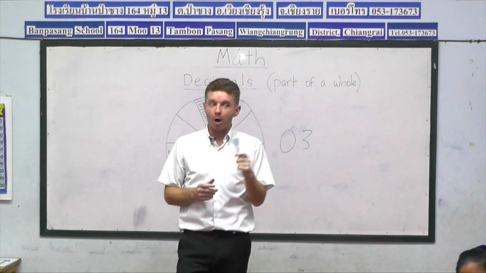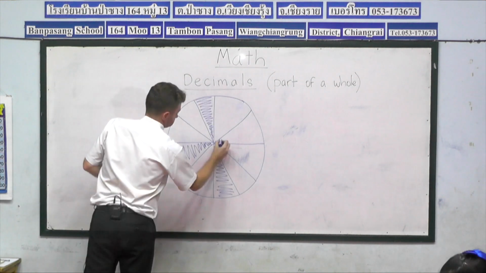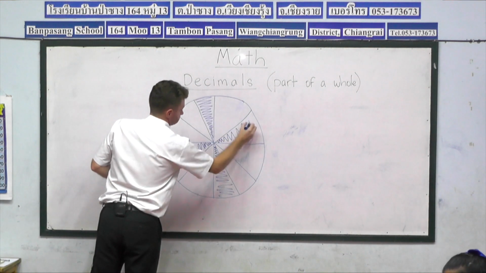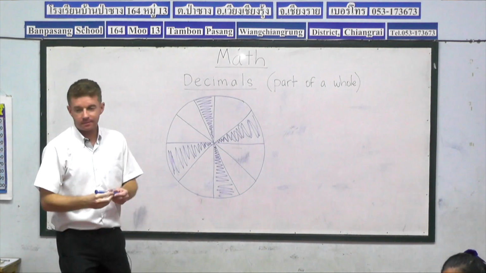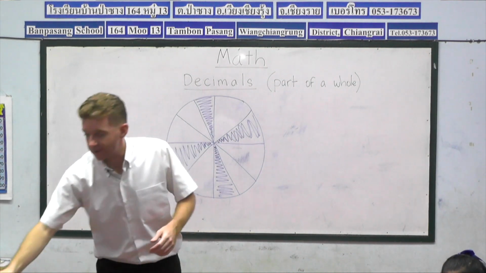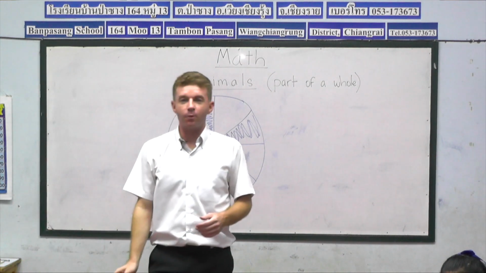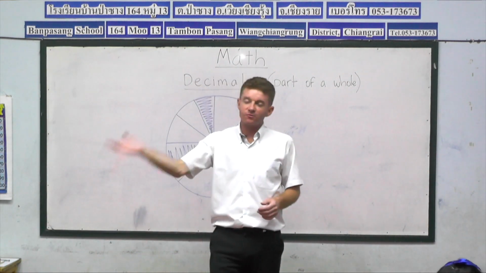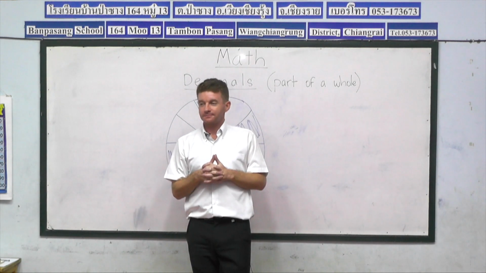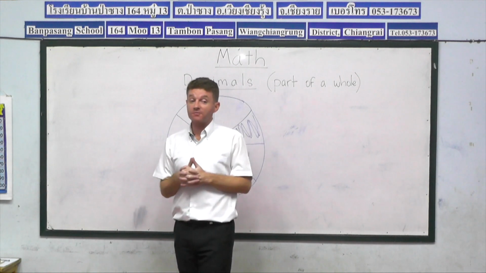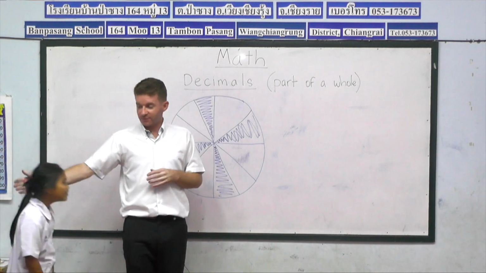Okay, and we'll keep going until we've got a full circle. And now it's the turn of Pakbung. Pakbung, come and show me you understand how to write this decimal. This time, how many parts of our circle, guys? 4.